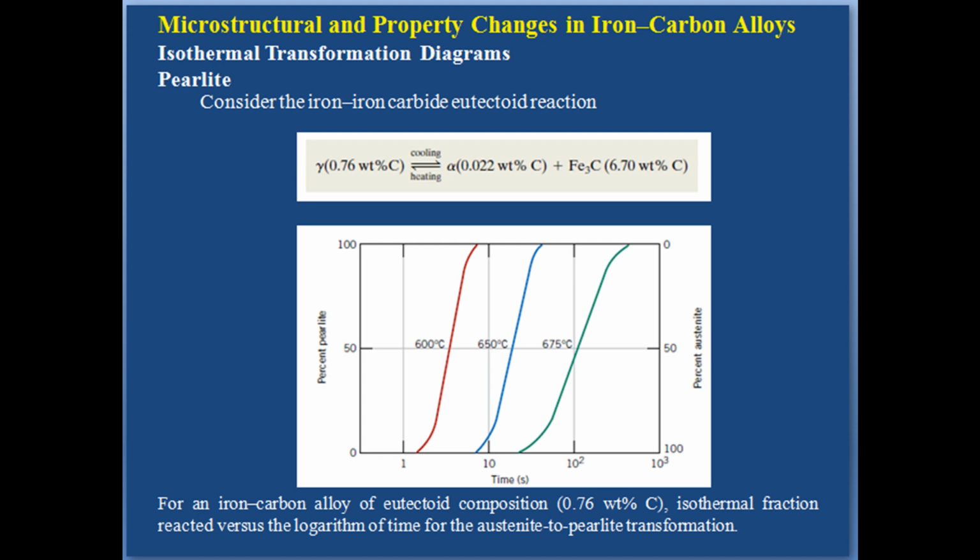The transformation rate at some particular temperature is inversely proportional to the time required for the reaction to proceed to 50% completion. That is, the shorter this time, the higher is the rate. Thus, from the figure, at temperatures just below the eutectoid, corresponding to just a slight degree of undercooling, very long times on the order of 10 raised to 5 seconds are required for 50% transformation, and therefore the reaction rate is very slow.